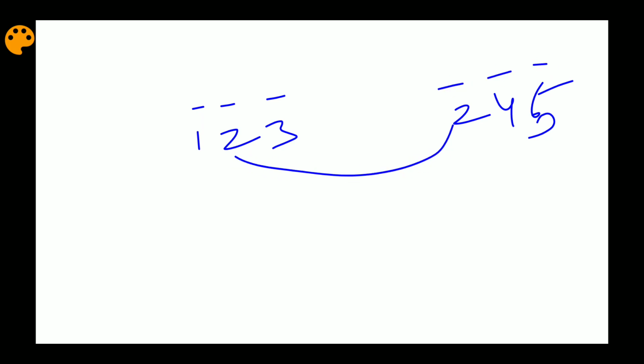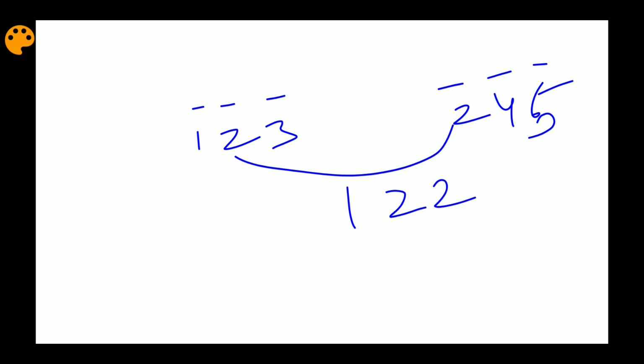For example, there are 2 points. I am assuming one is 1, 2, 3, and another point is 2, 4, 5. So the direction ratio will be 1, 2 and 2.